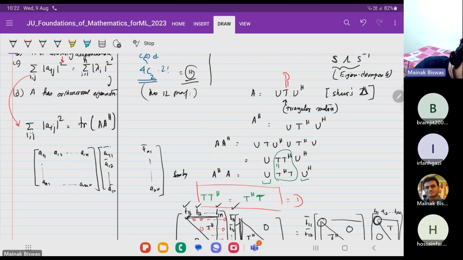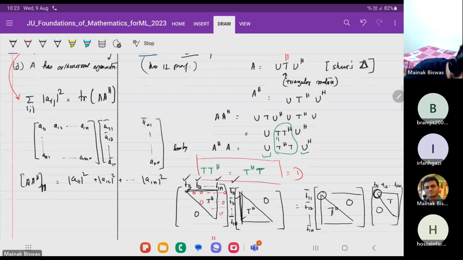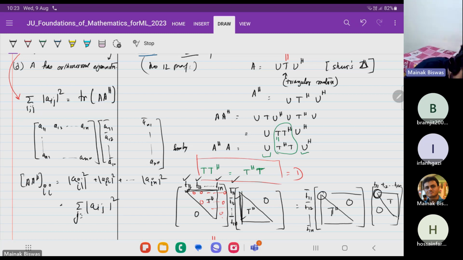So what is the first element in the first row? The product of these, what would be the product? It's going to be A11 square plus A12 square dot dot dot A1n square, right? The summation of A1j squared. Correct. So the i-th diagonal element will be the summation of Aij square from j equal to 1 to n, right?